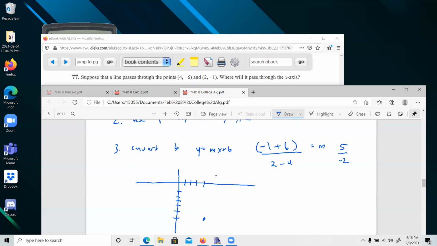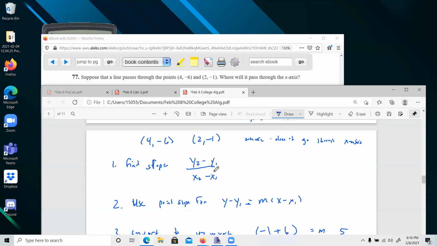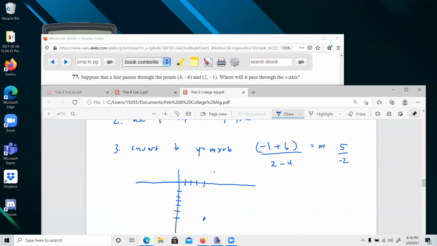I don't know exactly where the line will cross, but it is definitely a negative slope. So I'm okay with that result. I could draw a picture and verify at least the negative sign.